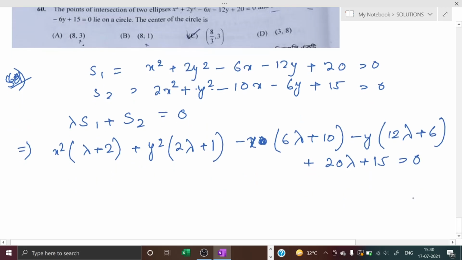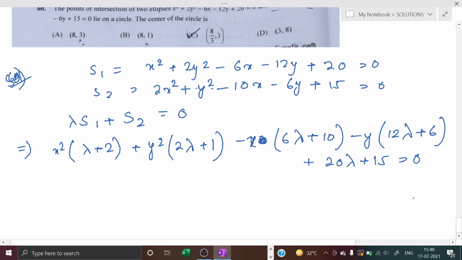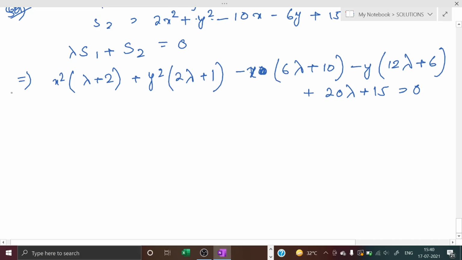Now if this equation represents a circle, then what will happen? The coefficients of x square and y square should be the same, right? So lambda plus 2 equals 2 lambda plus 1, or you will get lambda equals 1. Simple. Lambda equals 1.